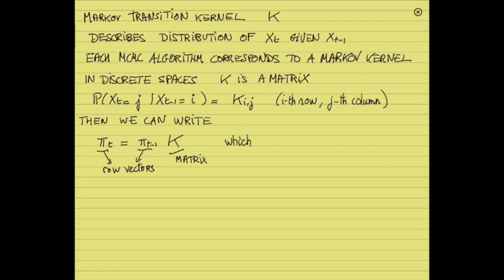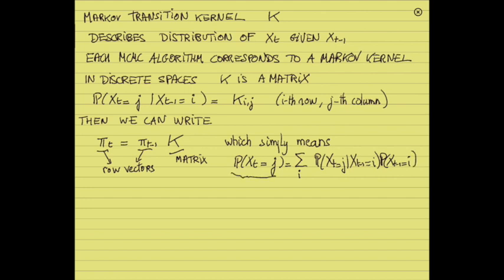This equality simply means that the probability that xt is in a state j is equal to the sum over all possible states for xt minus 1 of the probability of transitioning from a state i to a state j times the probability of having been in state i at the previous step.